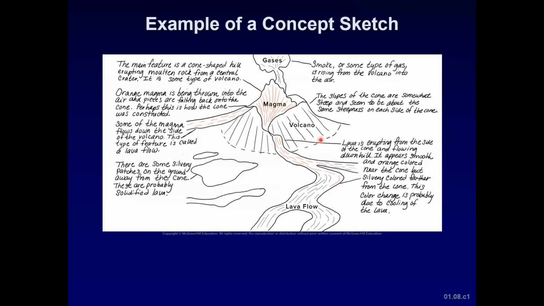This is a concept sketch, kind of summarizing everything we see here. Gases, that was the wispy cloud I mentioned. Magma, which turns into a lava flow and cools off over time. The volcano itself, with somewhat steep slopes, right?